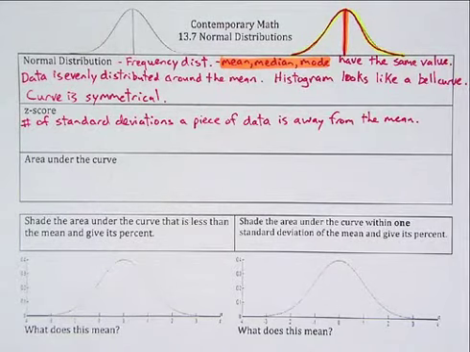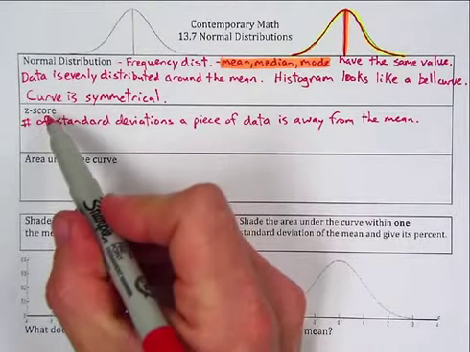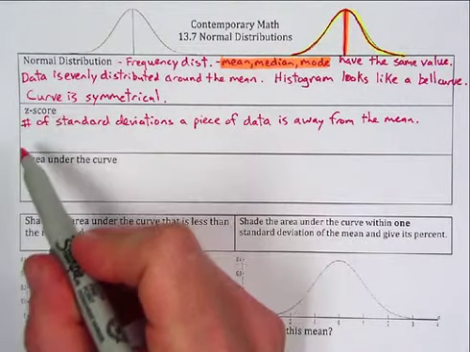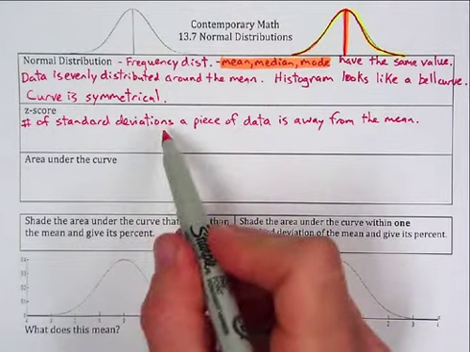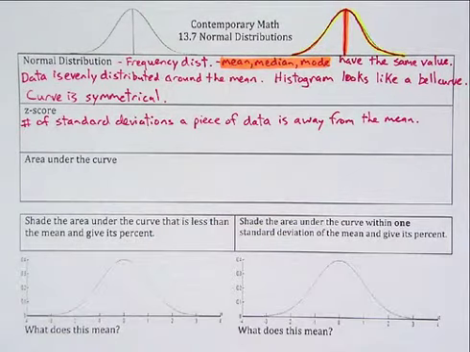Okay, so last lesson we talked about standard deviations, and that's really how far the data is spread out from the mean. And so each piece of data will have a z-score, and the z-score is going to be how many of those standard deviations that piece of data is away from the mean.